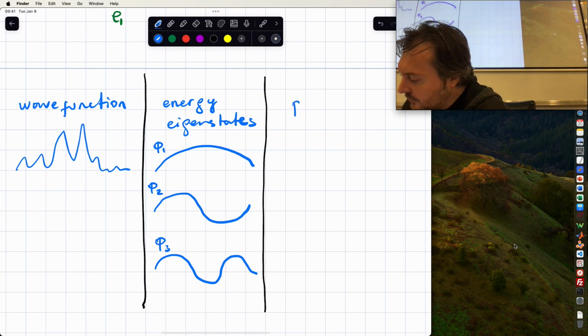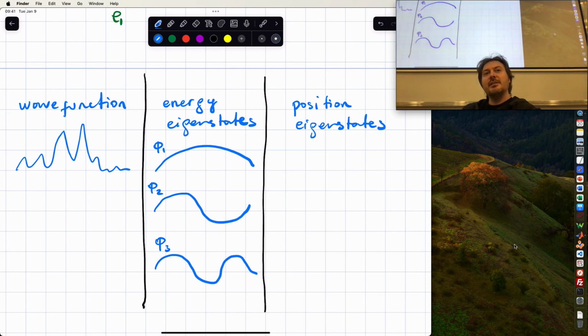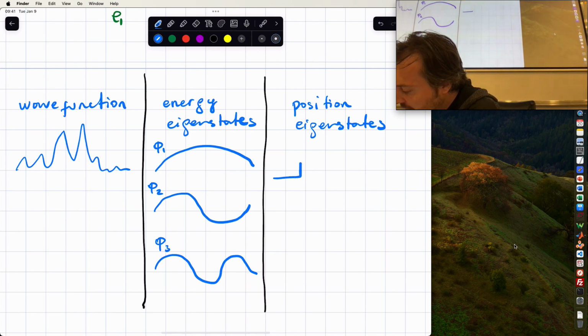Then let's also talk about position eigenstates. How do they look? Any ideas? Do you agree that they are Dirac deltas? When you measure them, they collapse into one of these, right?